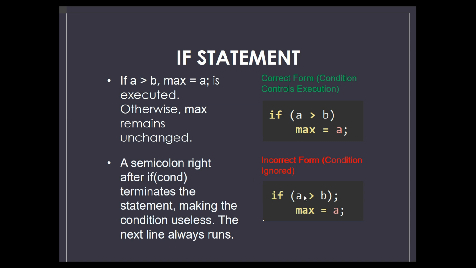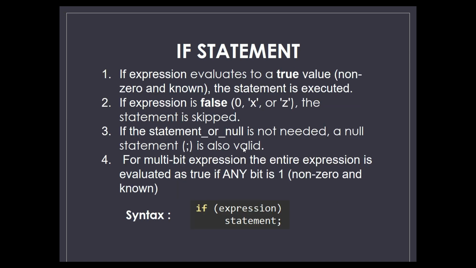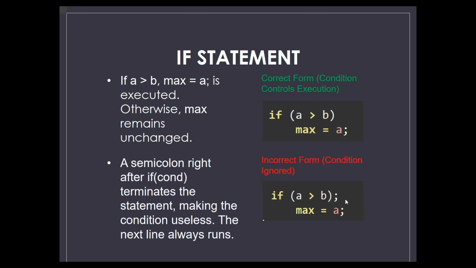But instead, if I wrote the semicolon just after the condition, then that makes this if condition useless. It is like a null condition, as we discussed earlier. It's not necessary that there is a statement. If you directly put the semicolon, this is also syntactically valid.